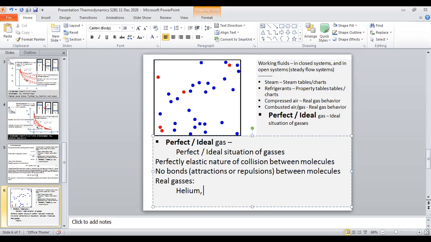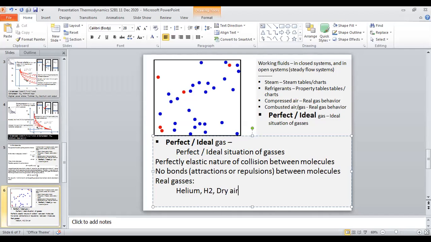For maybe lighter molecules, when the energy is received by these molecules, speeds can be more. Hydrogen molecules, H2, I put. Let's say hydrogen H2, consider it a perfect gas. How about air, dry air?